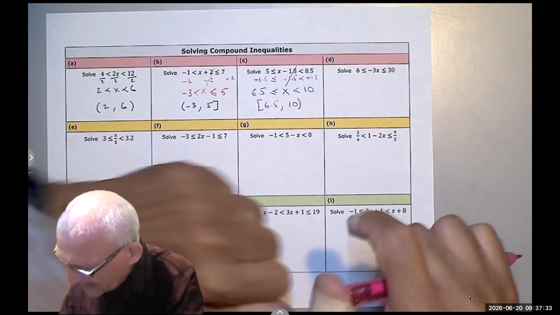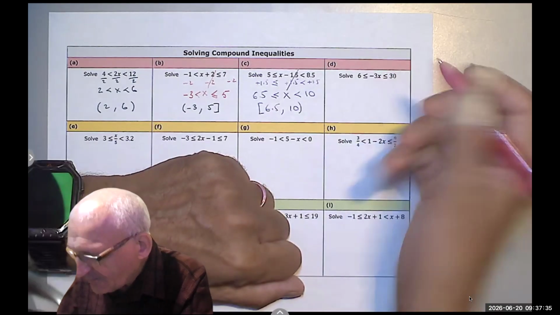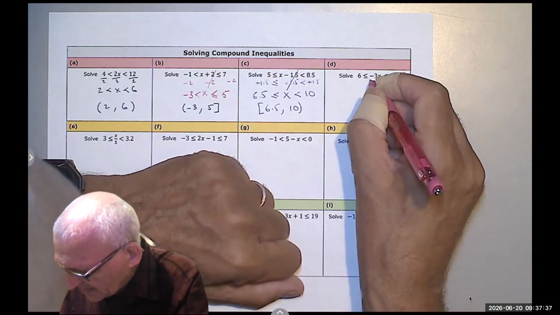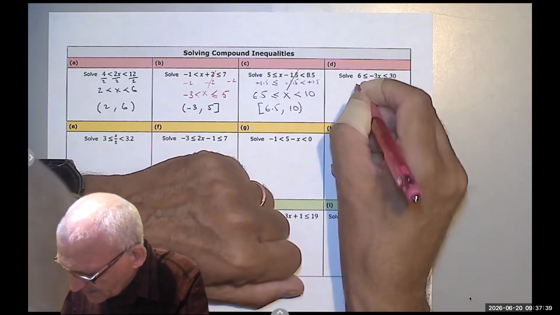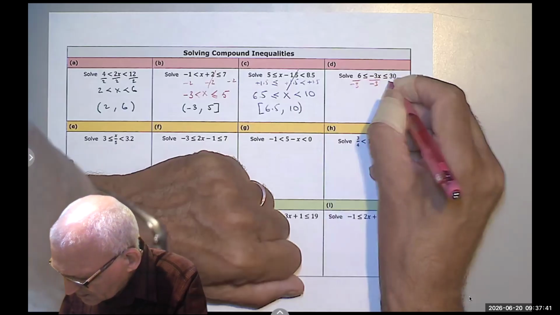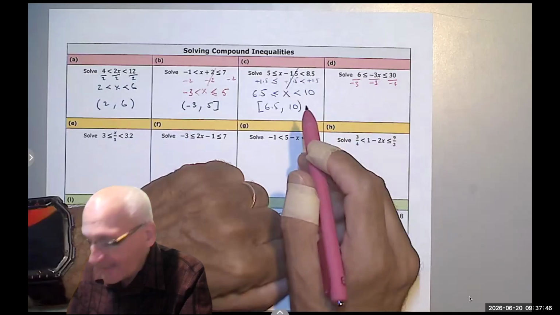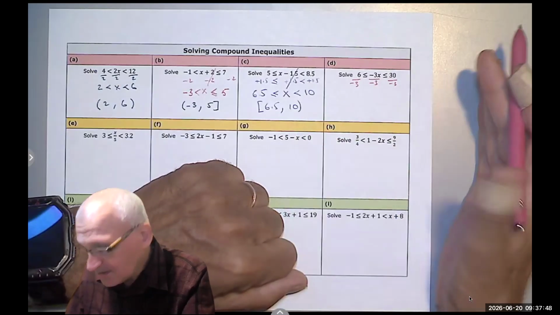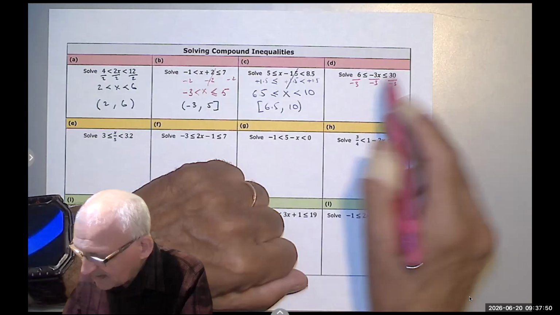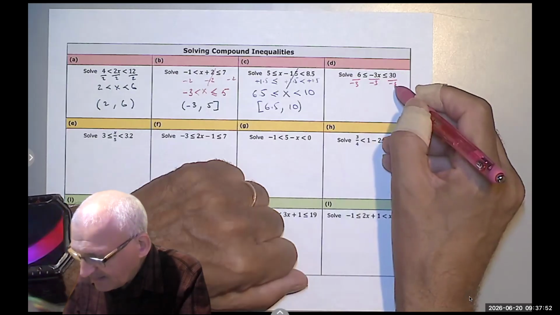So here I'm going to divide by -3, which is the same as multiplying by -1/3. Now I'm going to start backwards. The one on the right, I would say 30 divided by negative 3 is negative 10.